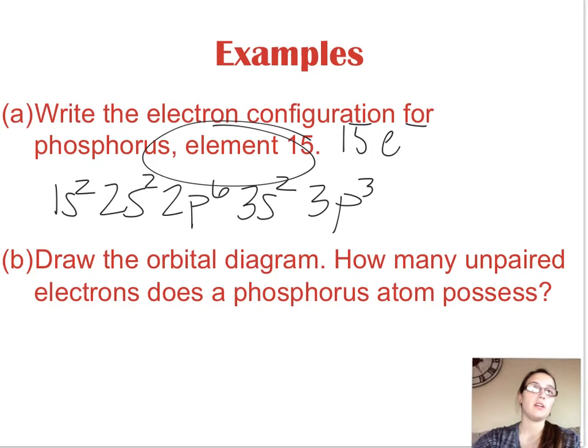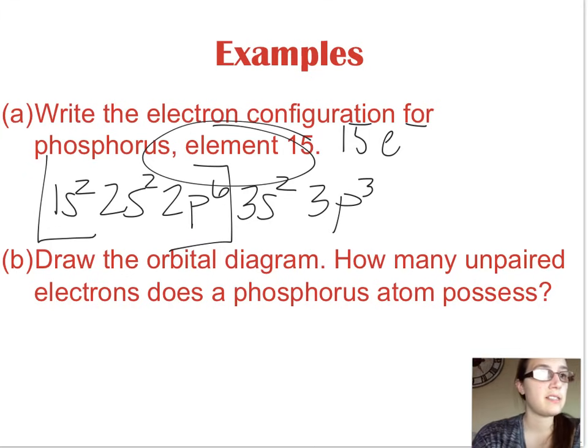Now when we look at the noble gas notation, we look for the noble gas right before. We put the last stable atom in brackets. If we find phosphorus and look back at the previous noble gas, that is neon.